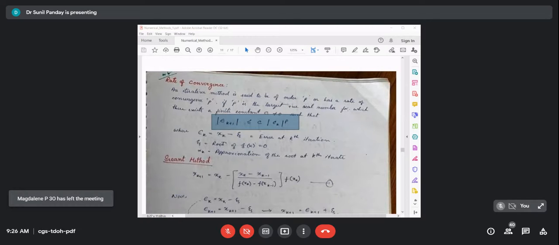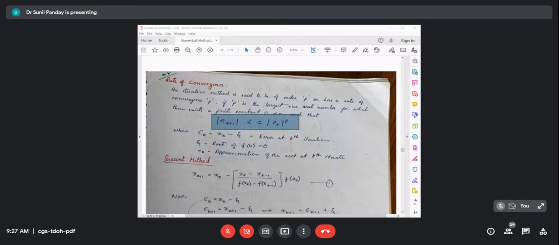Second order means the power of 2 is applied at each and every next step. So if the order of any method is more, it gives us better results in fewer iterations.